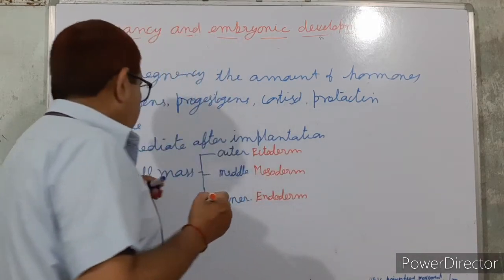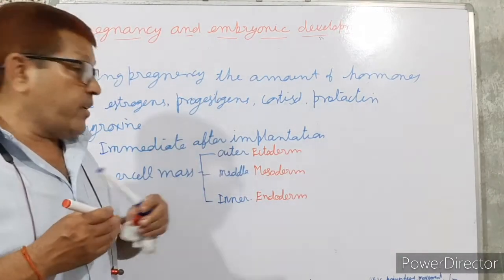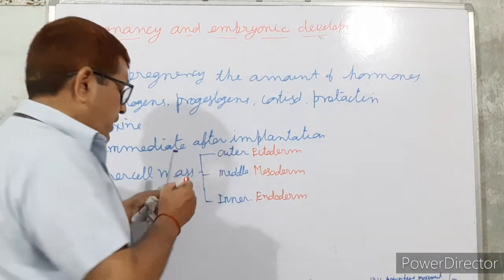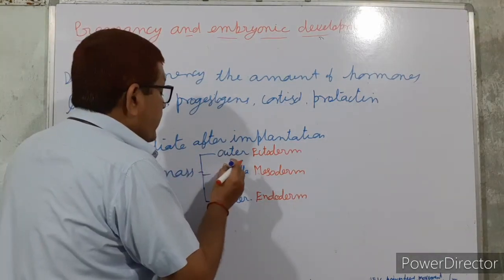So inner cell mass differentiates into outer ectoderm, middle mesoderm, and inner endoderm.